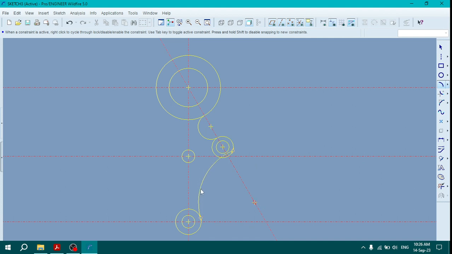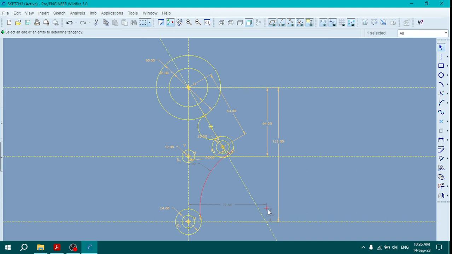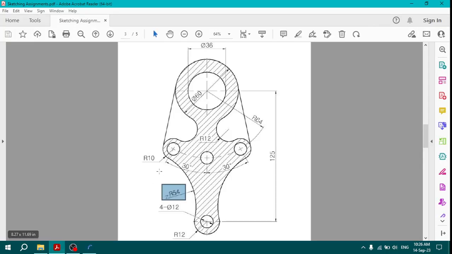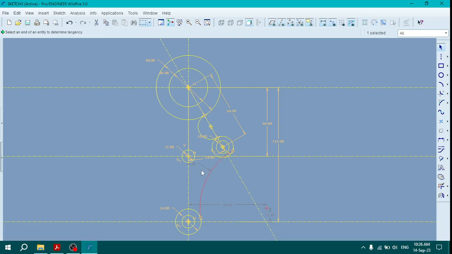You can see the center point is changing along as I change the radius of the arc. So it must be in open space. It should not lie on any of the entities, otherwise we will not be able to change the radius. So I've selected this point randomly, center point. I want this with a radius of 54.